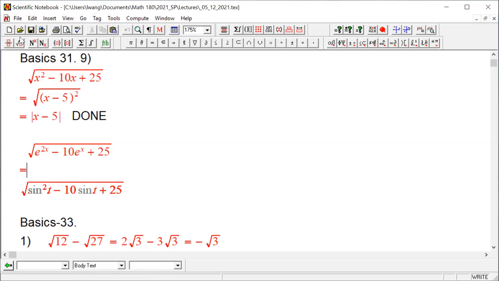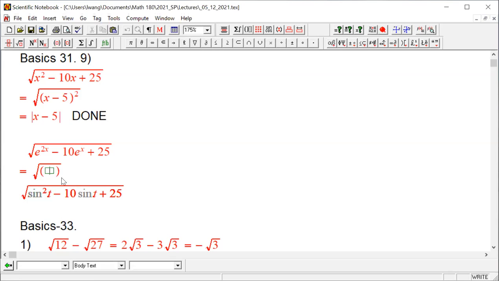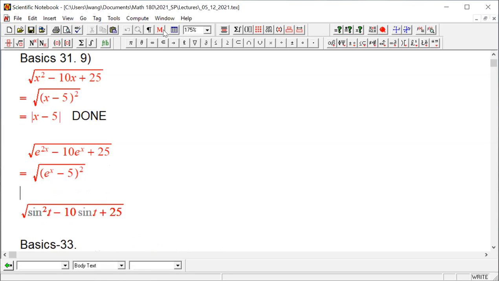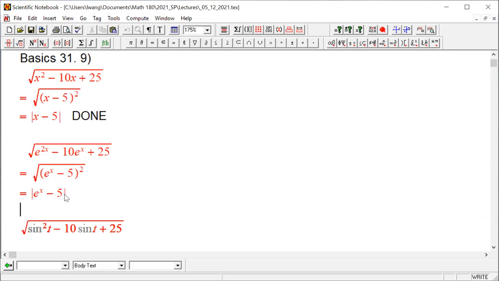If you want to simplify that, you're going to get e to the power x minus 5 squared, and your final answer is going to be the absolute value of e to the power x minus 5. If you're missing the absolute value sign, which is a very common mistake, that is wrong.